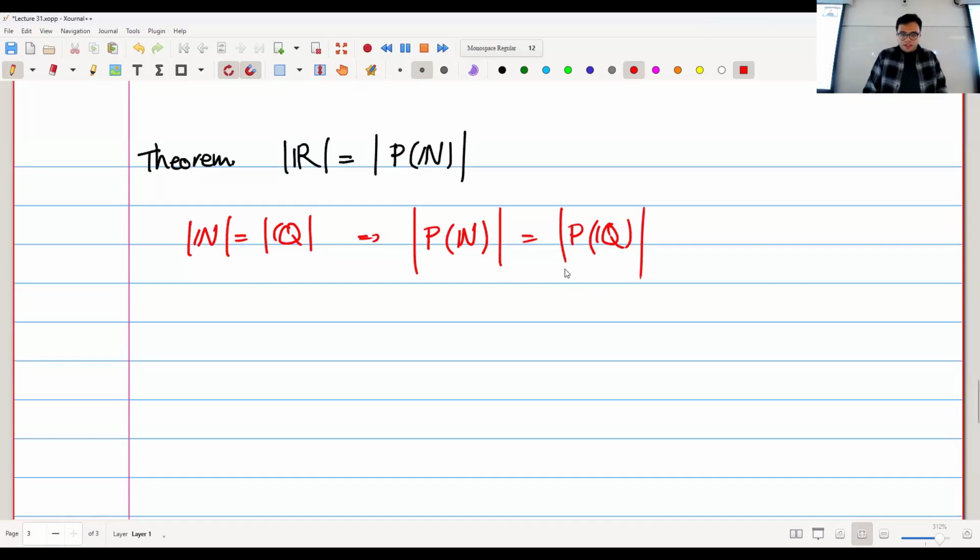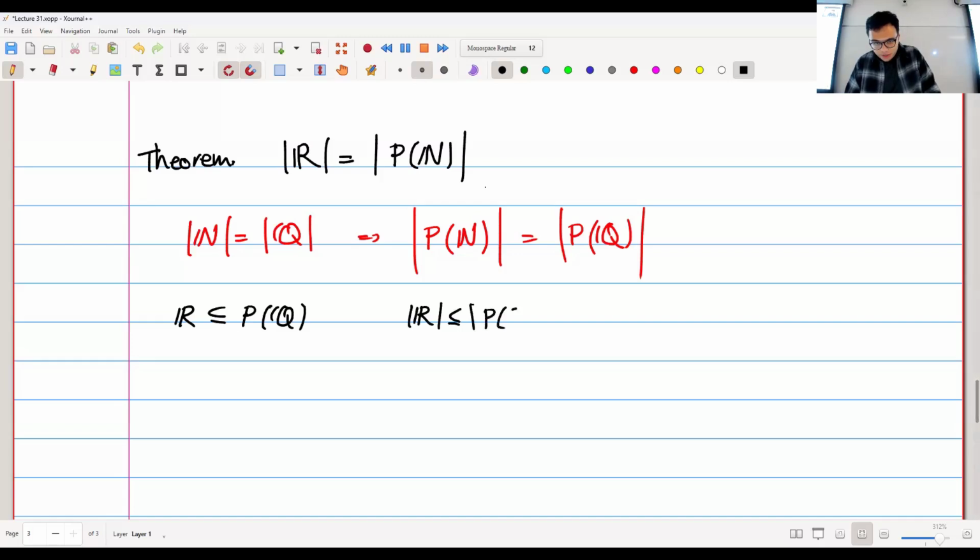Okay, great. But what do I know about R? I know that R is a subset of P of Q. Why is this? Because by definition, every element in R was a cut, and every cut was a subset of Q. So every element in R is a subset of Q. So R is a subset of P of Q, which basically means that the size of R is less than or equal to the size of P of Q, right?